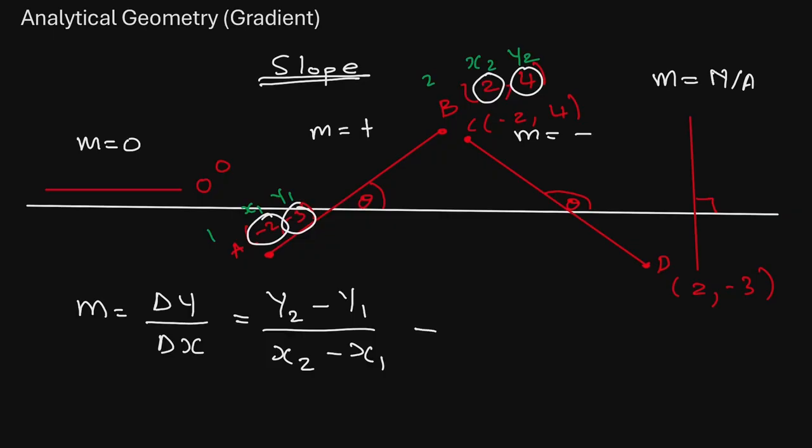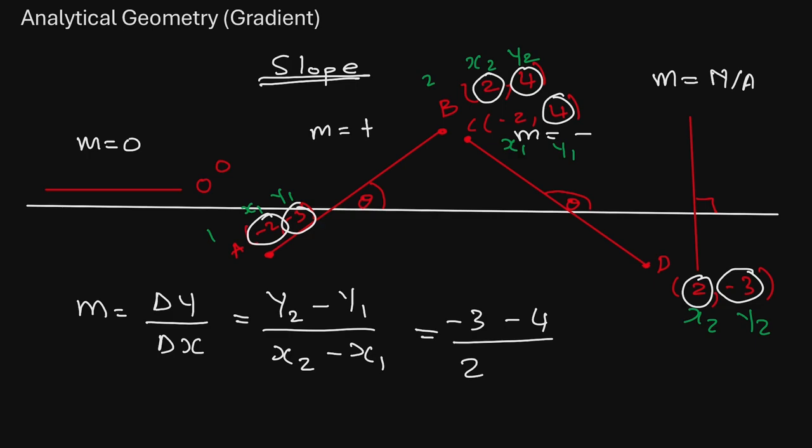So now the gradient is going to be what? We have to label our points first. So this is going to be our x1, y1, x2, y2. So then we'll be able to determine the gradient. The value of y2 is -3 minus the value of y1, which is 4, all divided by the value of x2, which is 2, minus the value of x1, which is -2.